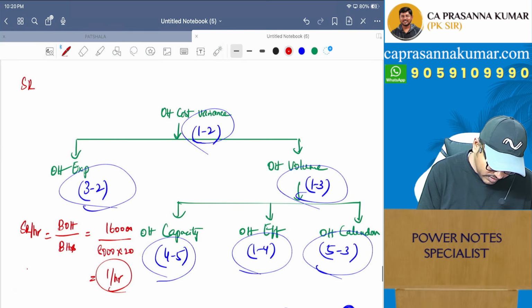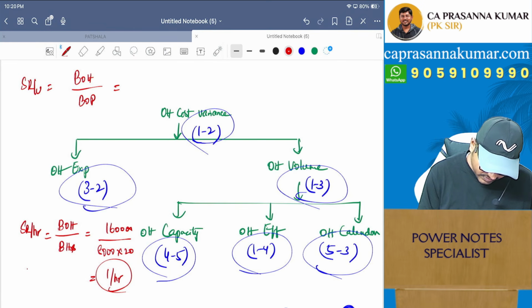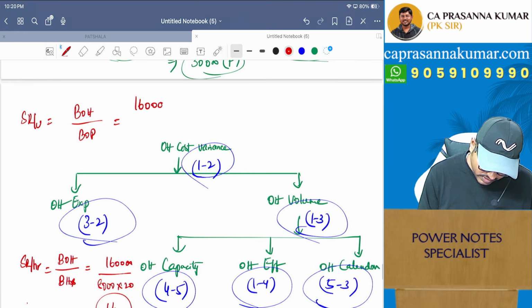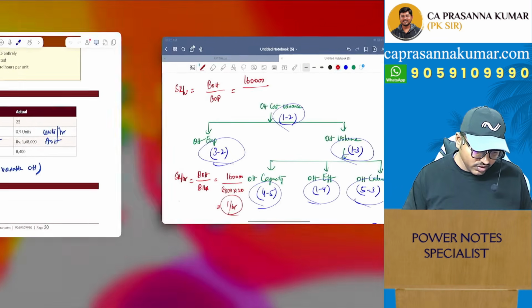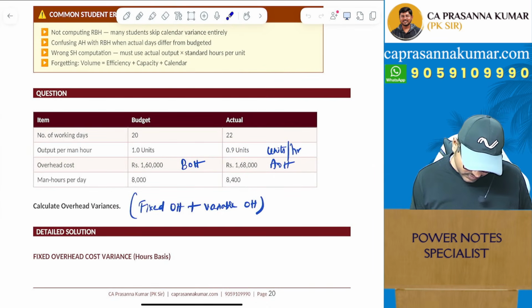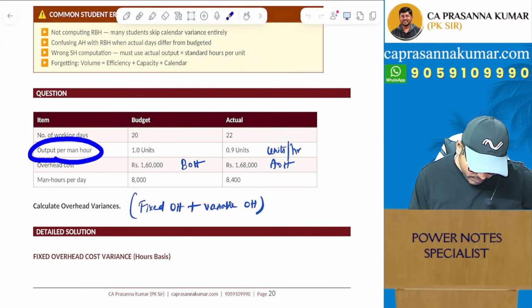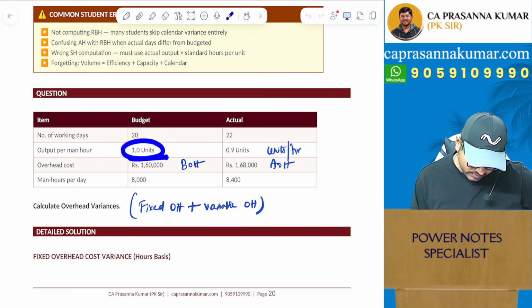Standard rate per unit: budgeted overheads divided by budgeted output. Overheads in the question 1,60,000 divided by budgeted output. What is your budgeted output? Budgeted output per man hour: 1 hour, 1 unit. Means for 8,000 hours, it will be 8,000 units.